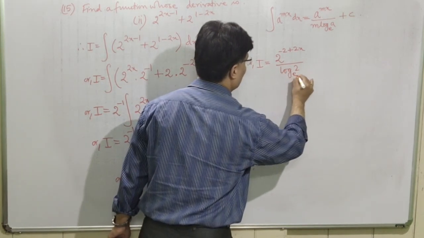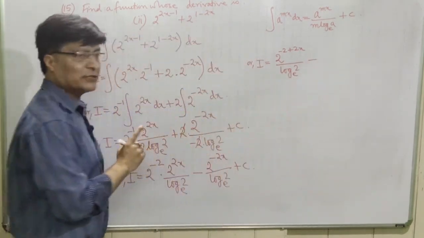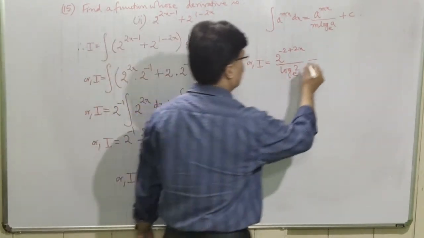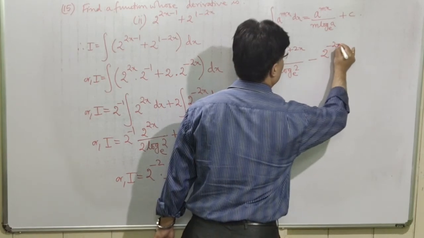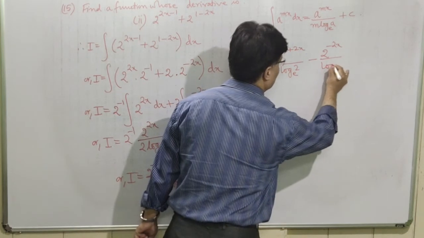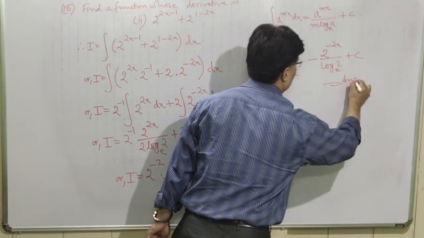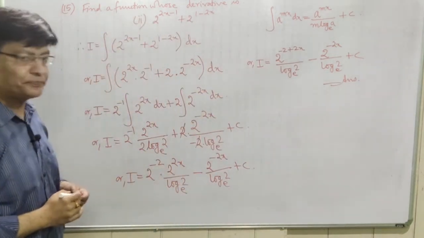Then minus, the second term is kept as it is, that is minus 2 to the power minus 2x divided by, what is the denominator? It is log 2 base e, plus c. That is the answer.